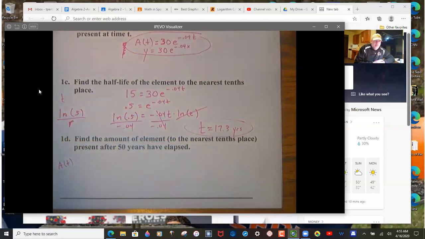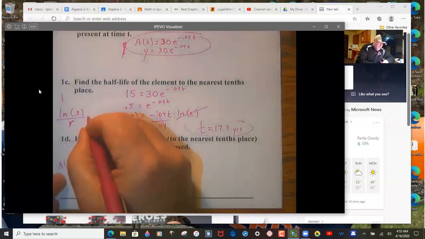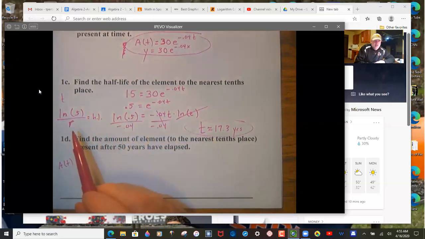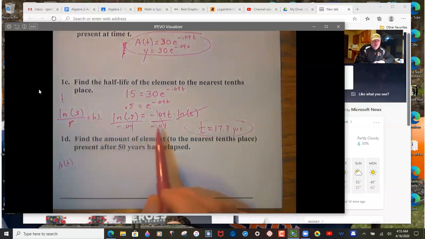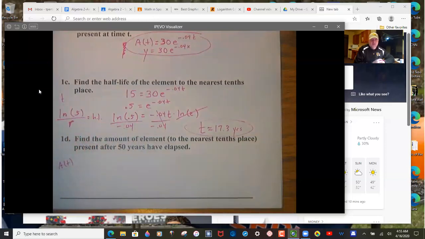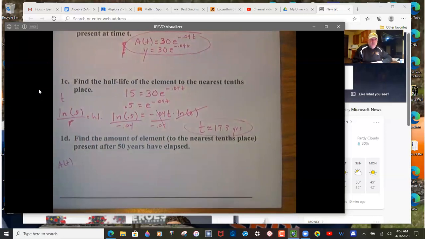And if you're in the half-life situation, this is what time the half-life equals. If you're given time for the half-life, you can figure out r by just going the other way. So ln of 0.5 over the half-life time equals the rate. But you can always do the work too. That sounded a little confusing.